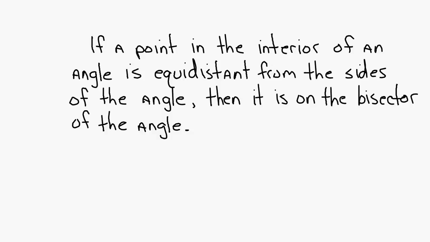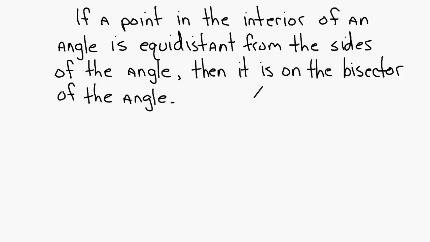So that application will look very similar. All right, here's an angle. And then let's say that a point in the interior of the angle, so here's a point in the interior of the angle, is equidistant from the sides.